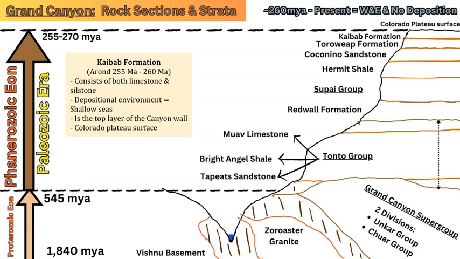So it is a combination of limestone and siltstone, which again tells you that at that time in geologic history, there was still a lot of water present in the Arizona area based on tectonics and movement of the North American continent. And this was right before Pangaea started to break up. So about 50 million years before Pangaea broke up. So you still had that supercontinent, like we had with Rodinia at 750 million years ago.